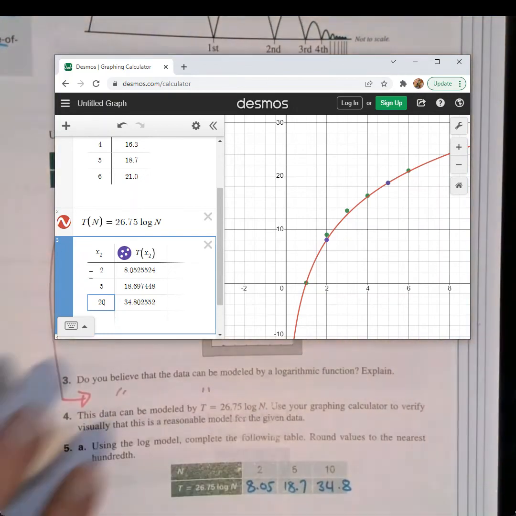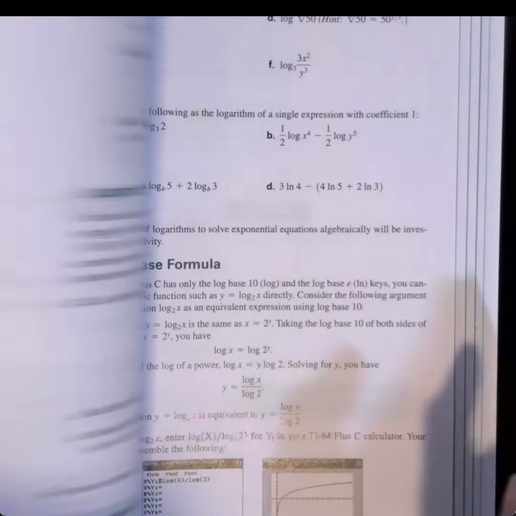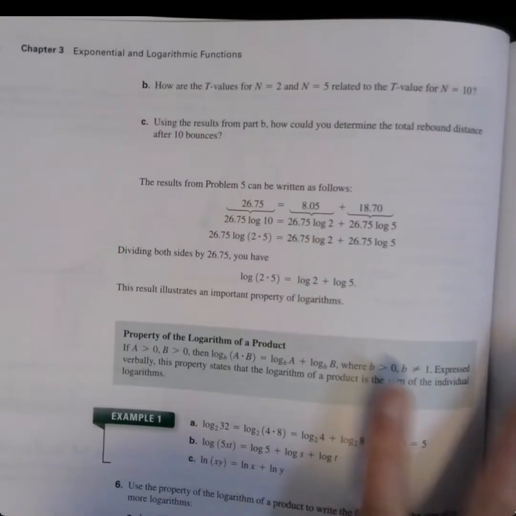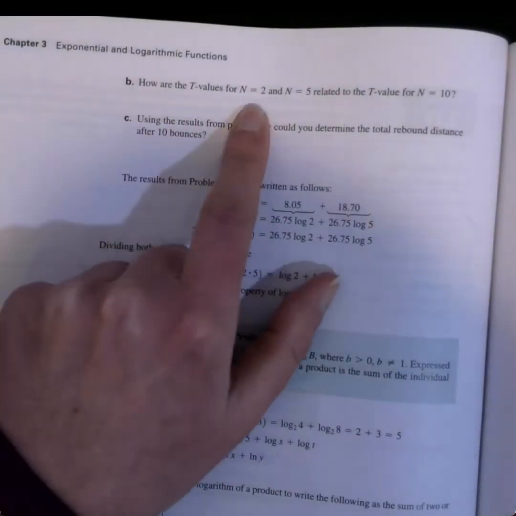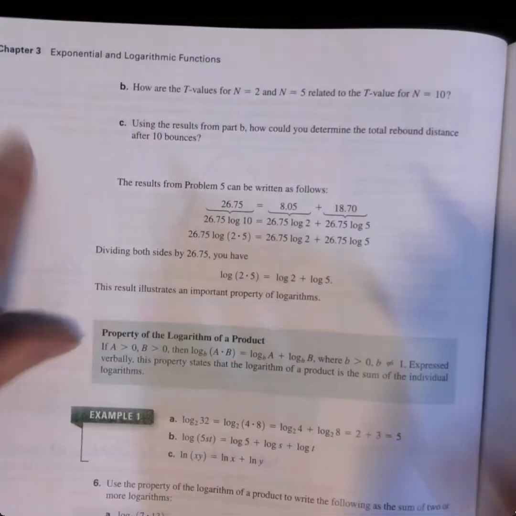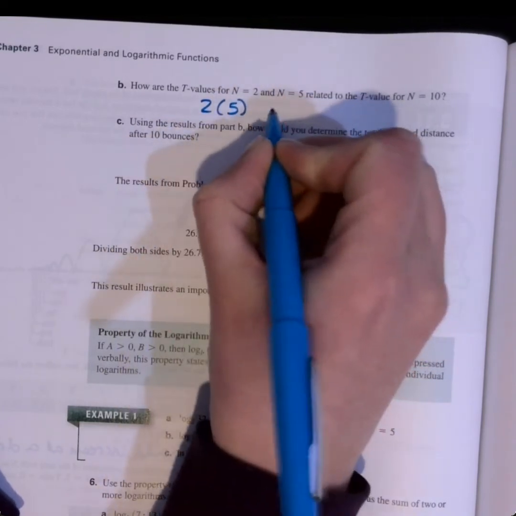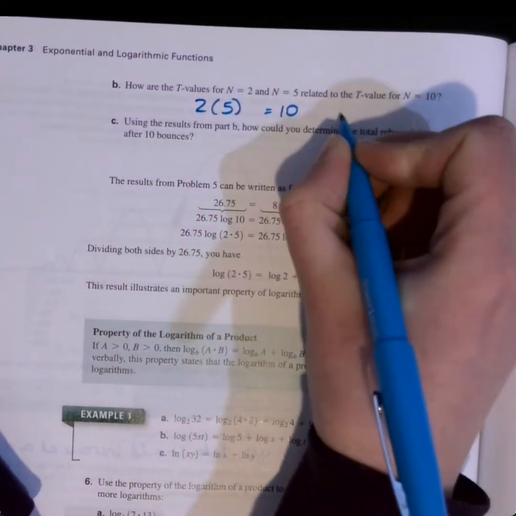Okay. How are the t-values for n equals 2 and n equals 5 related to the t-value for n equals 10? Well, 2 times 5 is equal to 10, so multiplication.